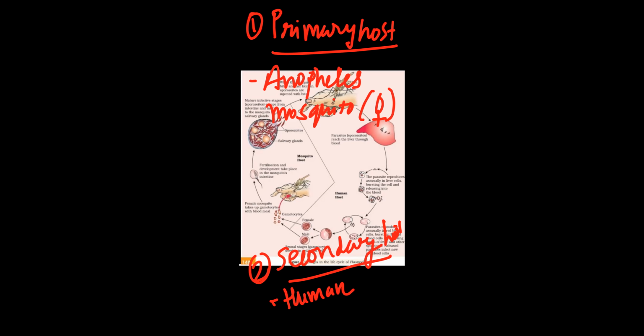Now, when, as a pathogen, the adult stage carries out sexual reproduction in a given host, then that host is known as the primary host. Plasmodium carries out sexual reproduction in the female Anopheles mosquito, so it is the primary host of this pathogen. The pathogen lives even in a human being, but there it carries out its asexual reproduction.